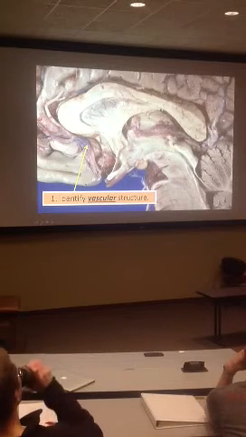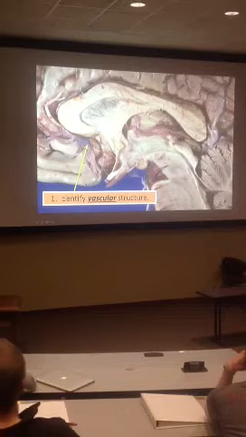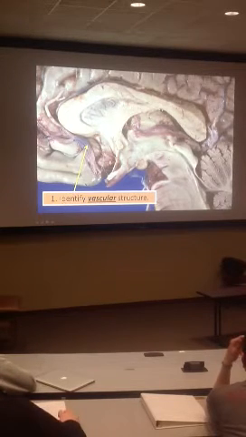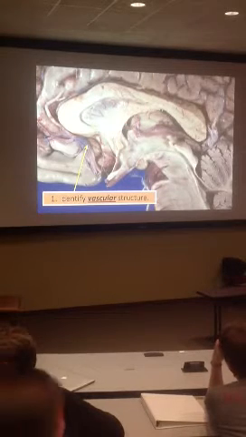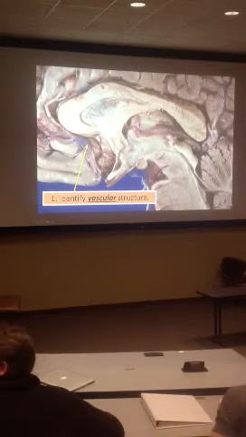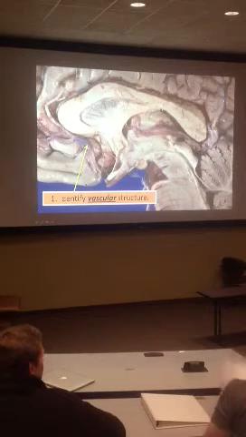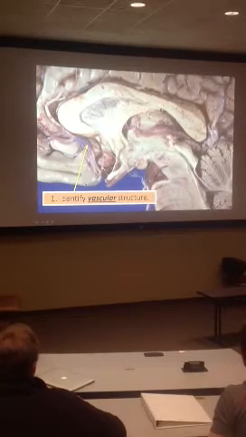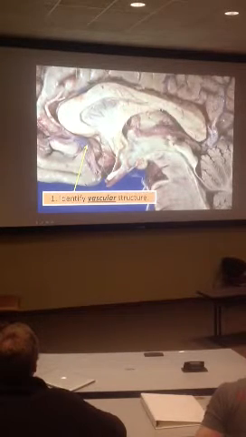So what is this guy? ACA, right? The reason why it's ACA, did anybody put internal carotid? The reason why it's not internal carotid is because, obviously, this is ACA.